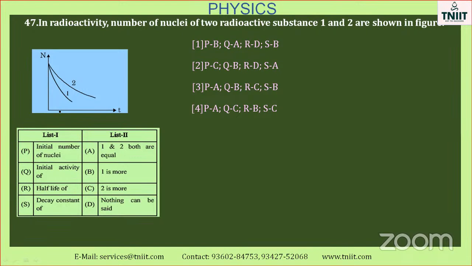Look at this. In radioactivity, the number of nuclei of two radioactive substances 1 and 2 are as shown in the figure. This is the graph.